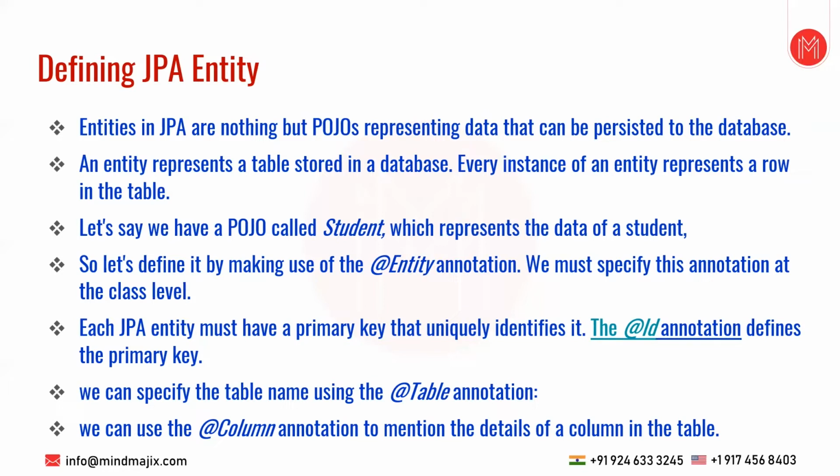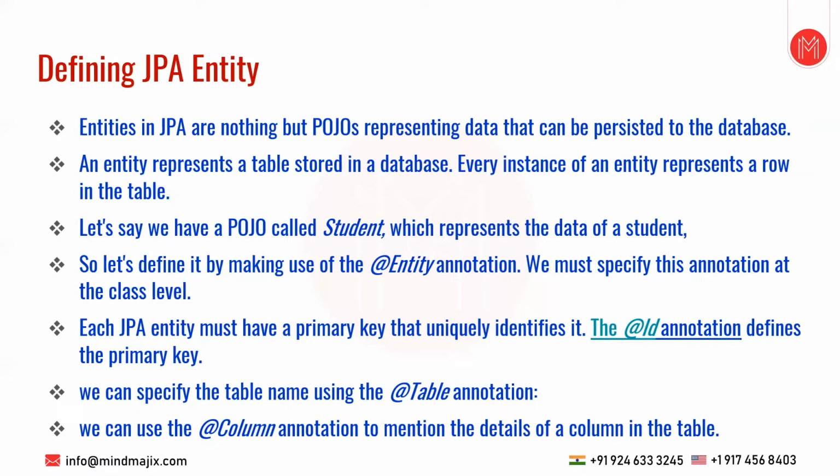To be frank, all of this we already worked with in Hibernate, or when it comes to Spring with Hibernate communication. This is the already known story, but even so I'm just trying to elaborate it. We must specify this annotation at the class level.